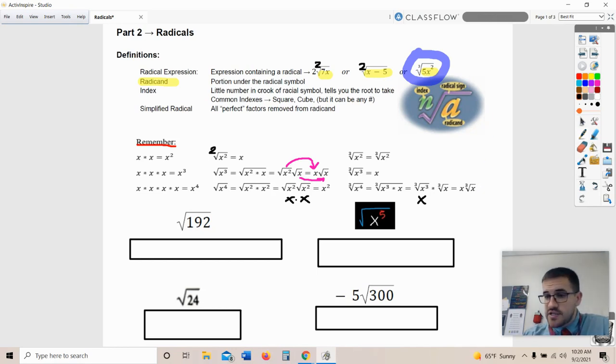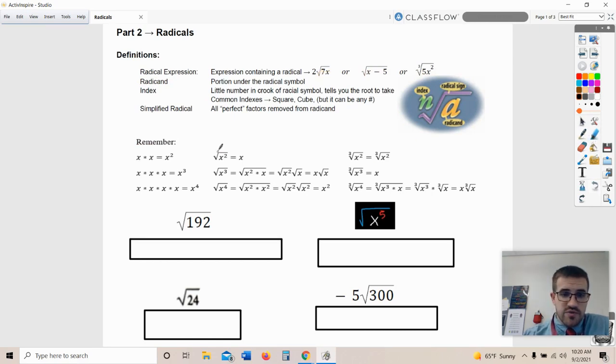Now, an easy way to do this is to look at your index. So on the squares, we know that there is an implied index of 2. What you can do is look at this index number and try dividing it into the exponent of each individual term under there.